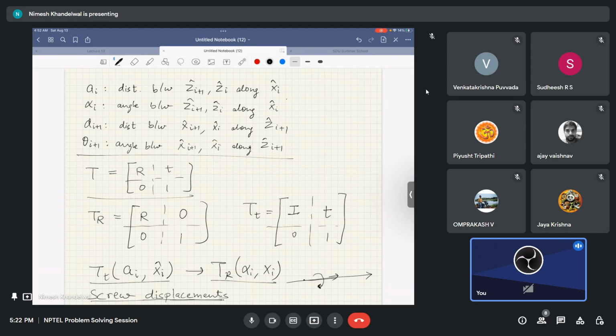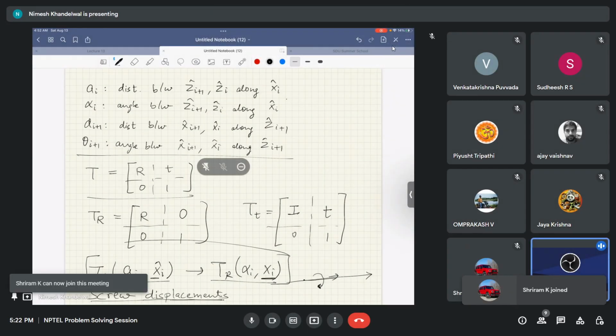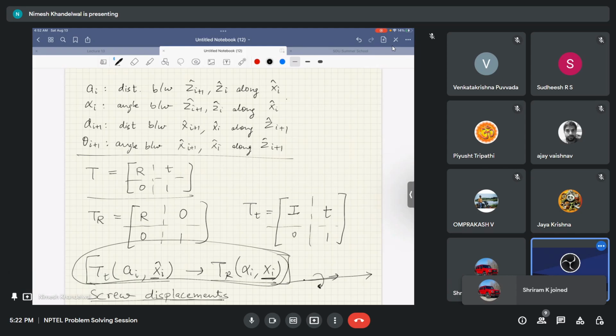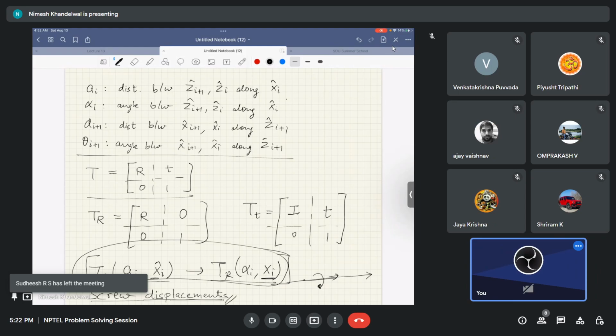When you translate about a particular axis and rotate about the same axis, this combined motion, it does not matter which one you do first. You can also rotate first and then translate. What matters is the final transformation. If you have translated and rotated along the same axis, then that displacement is called screw displacement. Is that fine?